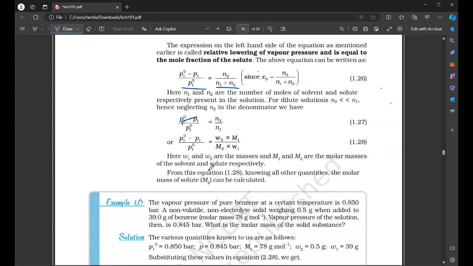From this equation 1.28, knowing all other quantities, the molar mass of the solute M2 can be calculated. So this is what we are using colligative properties for, to calculate the molar mass. If you are given all of these, you can easily find the molar mass of the solute.